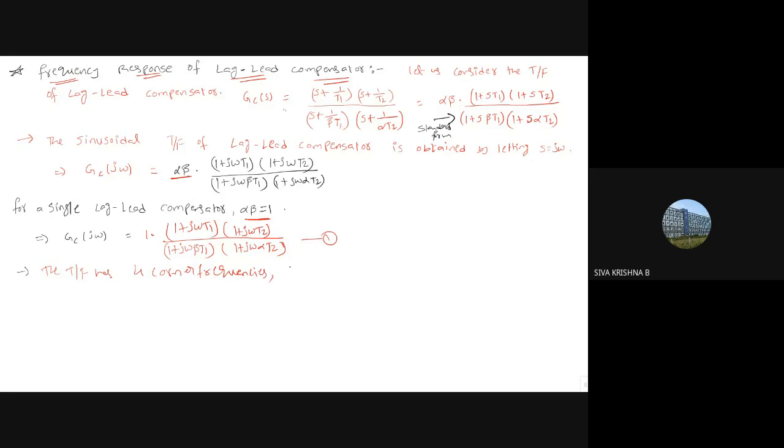Those are WC1, WC2, WC3, WC4. And the range of those frequencies is WC1 less than WC2, less than WC3, and less than WC4. So now write those corner frequencies coming from the denominator.